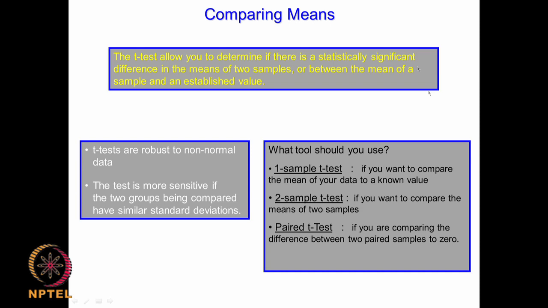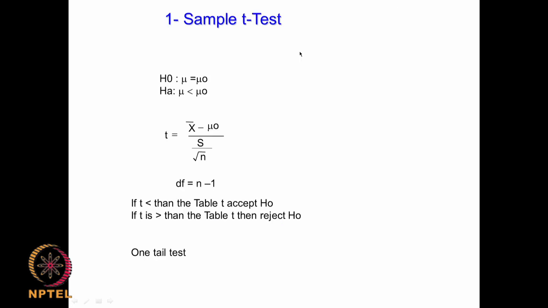So all these t tests are meant to compare means. Okay. So one sample t test, to sum it up, x bar minus mu naught divided by s divided by square root of n. So we can use the same equation for the paired t test also, because we are converting the two samples into one sample.